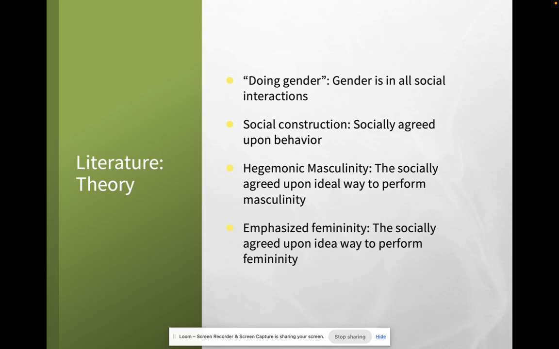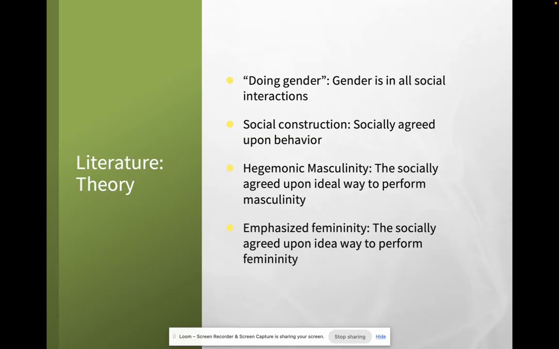But we can do gender to all different aspects of our social interactions, and fighting is no exception. Something is a social construct if it's socially agreed upon behavior, which you should already know. And then there are two sociological ways of thinking about masculinity and femininity. So hegemonic masculinity is a socially agreed upon ideal way to perform masculinity.